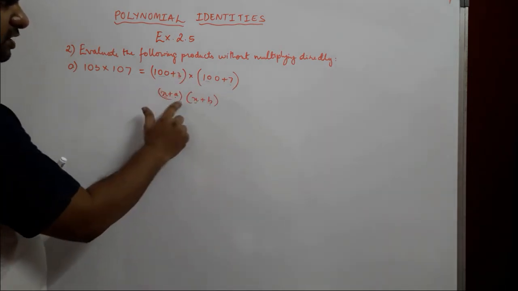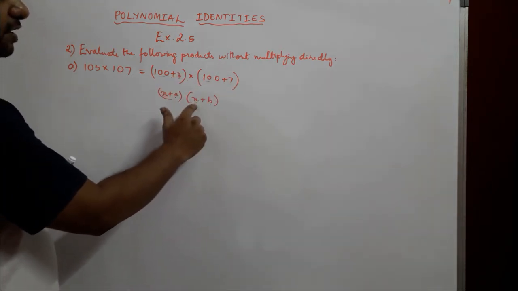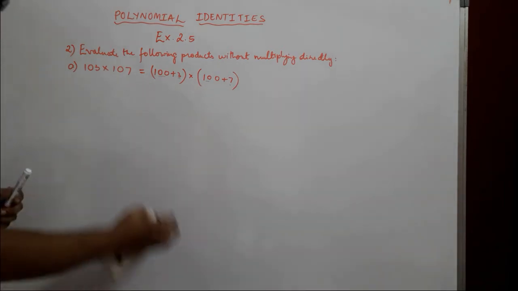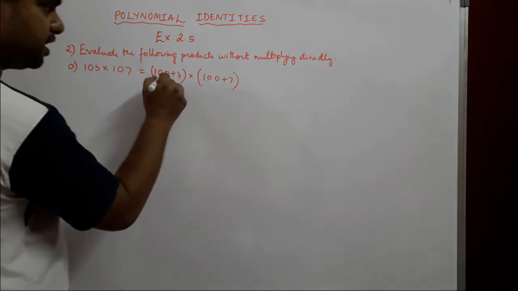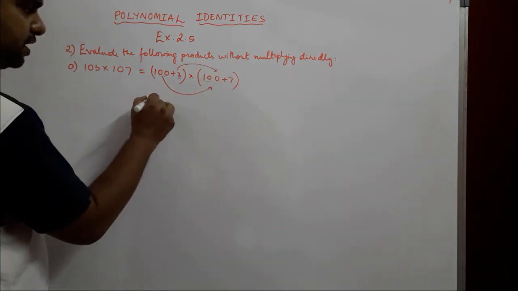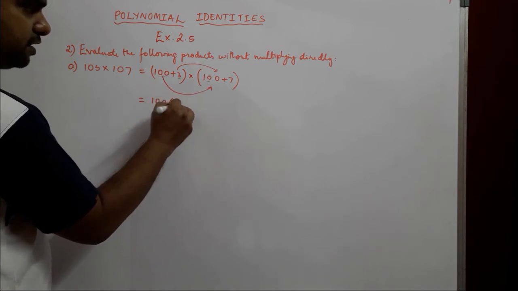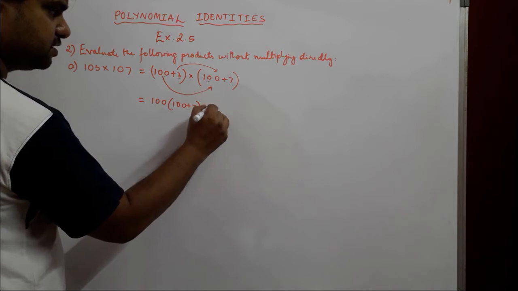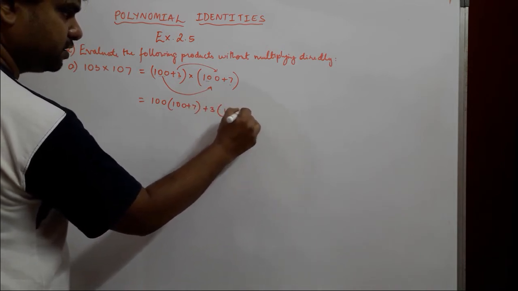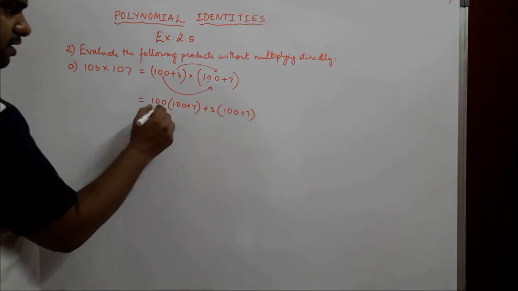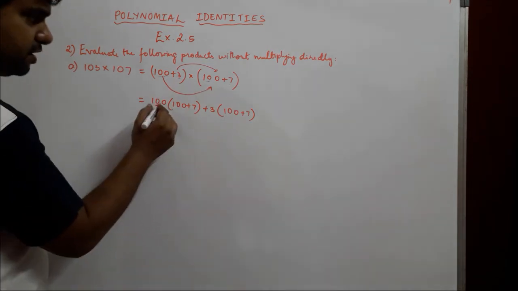So we can use this (x plus a)(x plus b) identity. Let's apply that. We multiply 100 into this bracket and 3 into this bracket, and what do we get? 100 into 100 plus 7, plus 3 into 100 plus 7. 100 into 100, no need to multiply and find out.